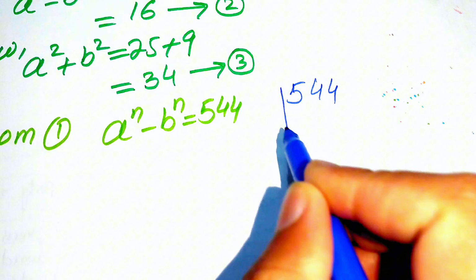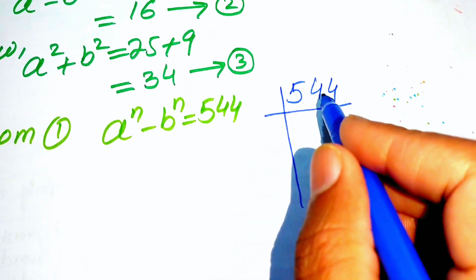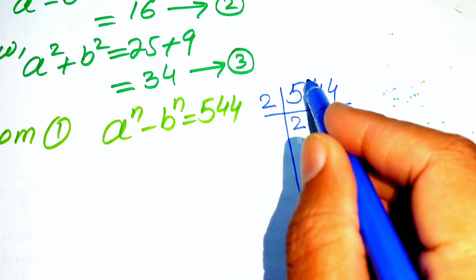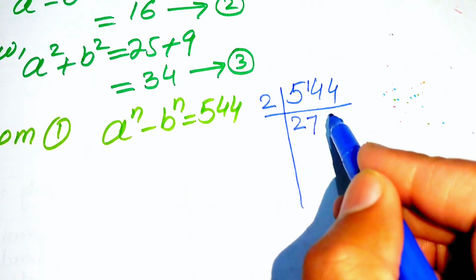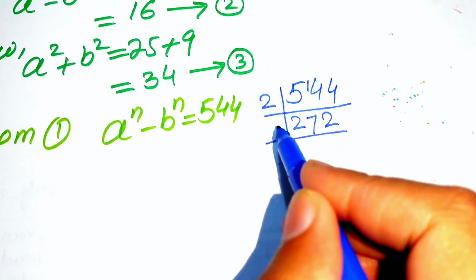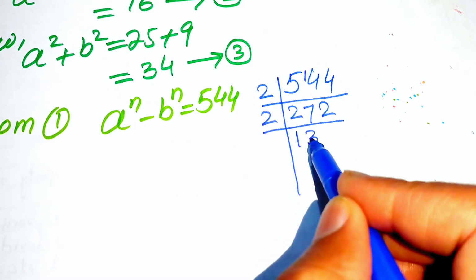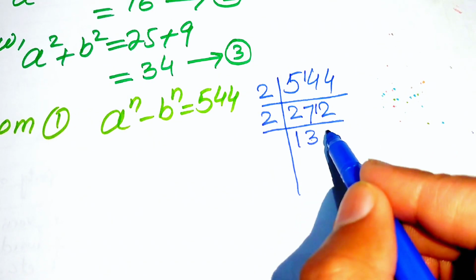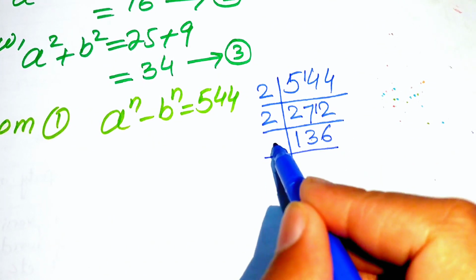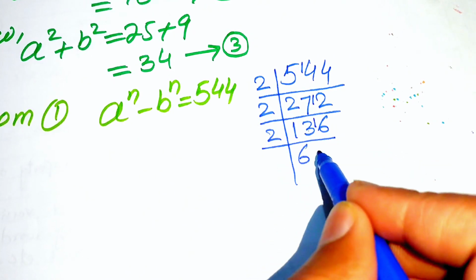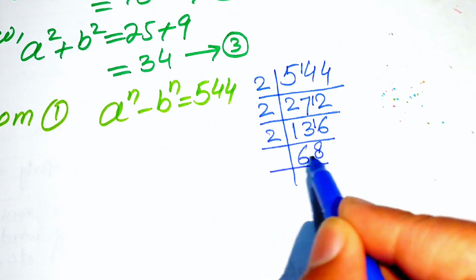We first divide it by 2: 2 2s are 4, and we carry 1, 2 7s are 14, and 2 2s are 4. Again we divide by 2: 2 1s are 2, 2 3s are 6, and we carry 1, and 2 6s are 12. We divide by 2 again: 2 6s are 12, we carry 1, and 2 8s are 16.